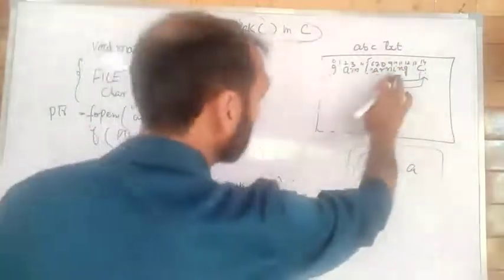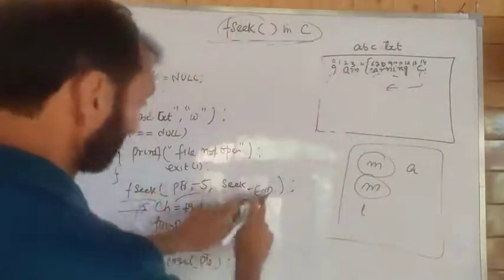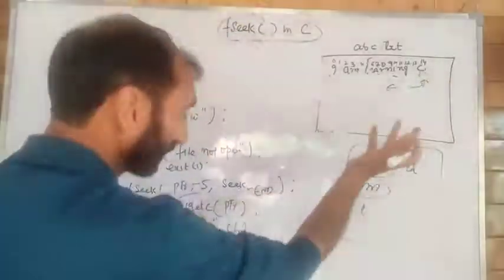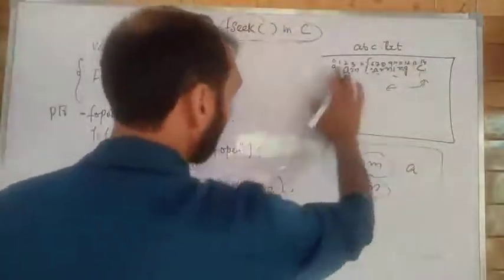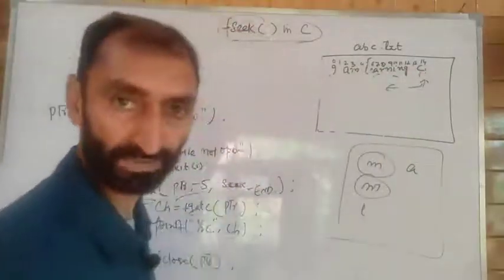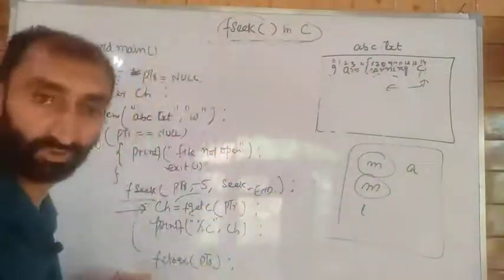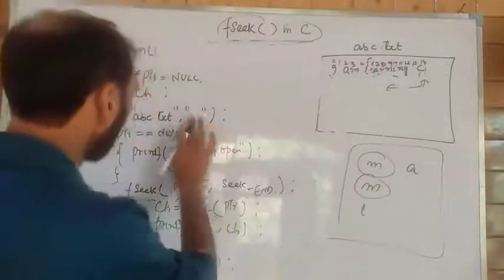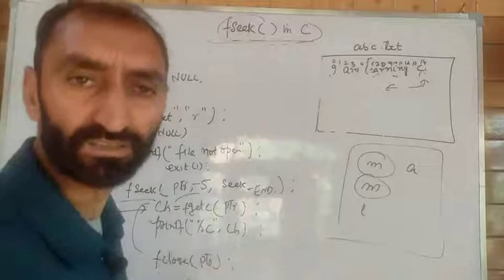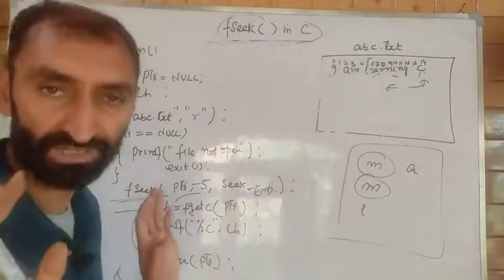So if you open the file in W mode and you want to print this ch, and it is the end, what will happen? First, it will open the file and erase the contents of the file. If these contents are not there, nothing will get printed. So this depends upon in which mode you open the file. Accordingly, the output of the fseek function is going to be generated.